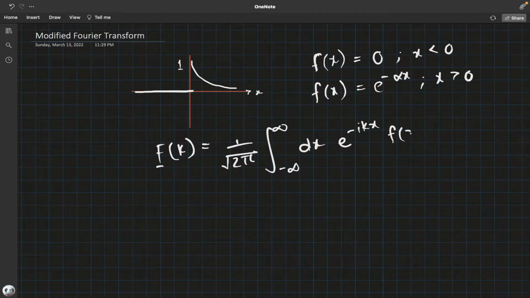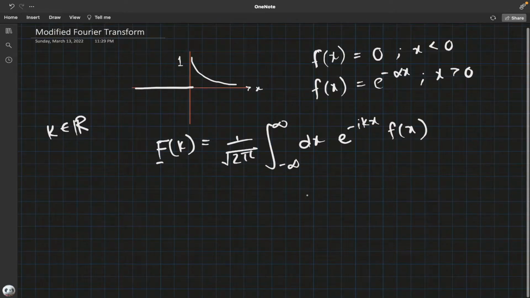The transform itself could be imaginary, and I will underline the things that are imaginary usually. We know this exists because the integrand is dying down at infinity, and at negative infinity it's 0. So we don't need to worry that much about the convergence of this thing. Convergence will become an issue later.